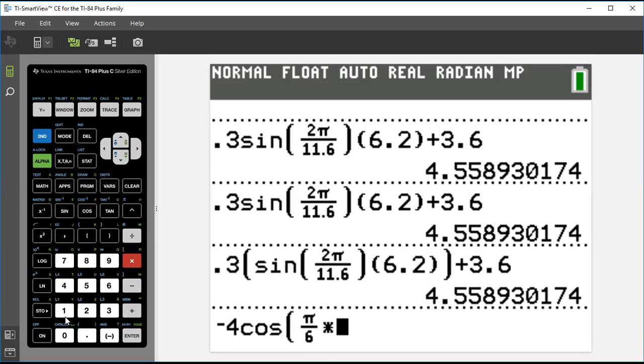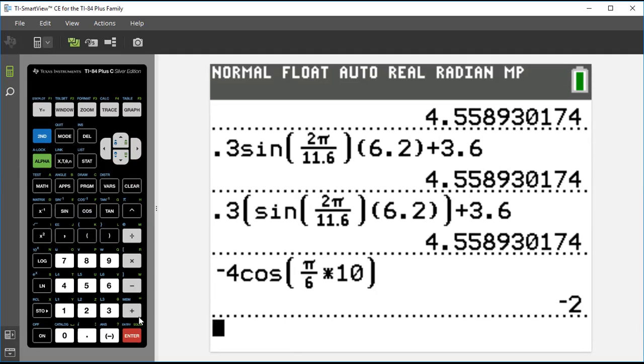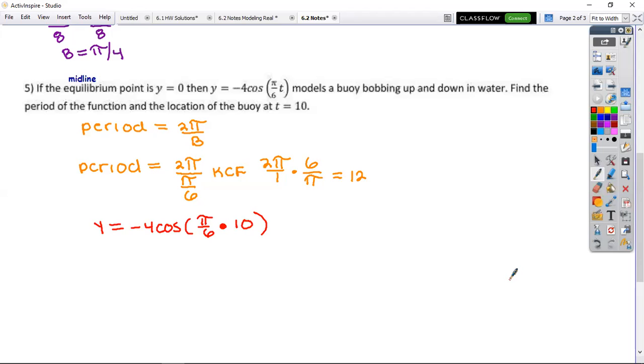So you guys get -2. Yep, so solution is just going to be -2. Okay, so that is going to be your location. Back over here, and that is your final answer to that one. This would be y equal to -2.